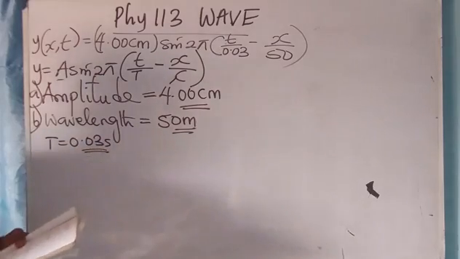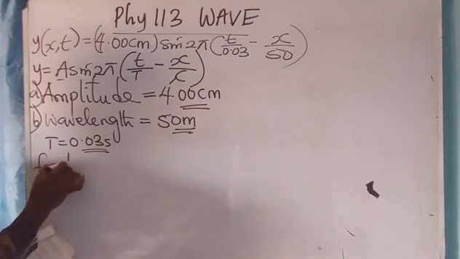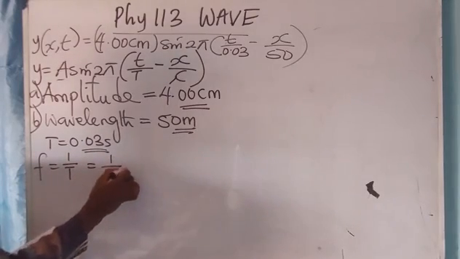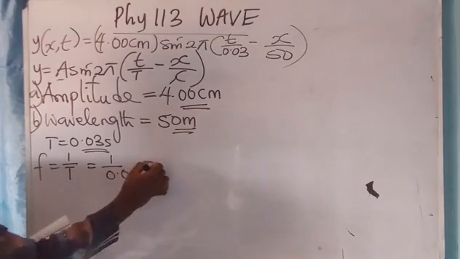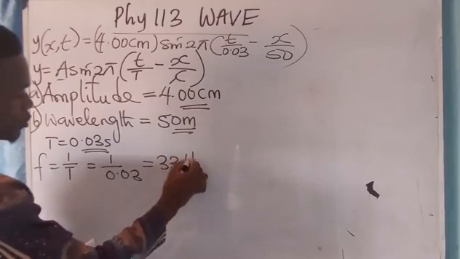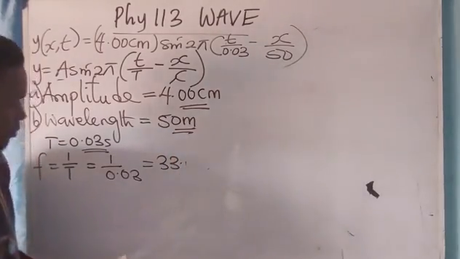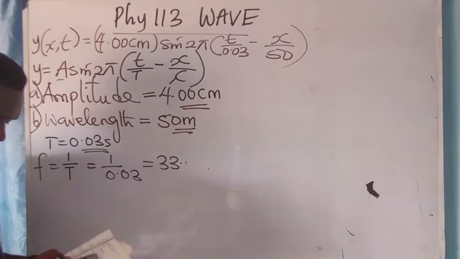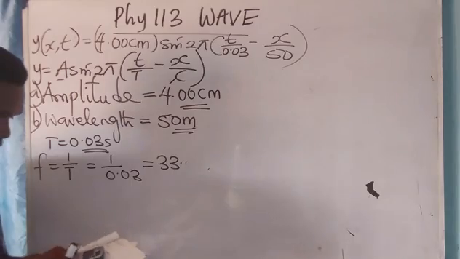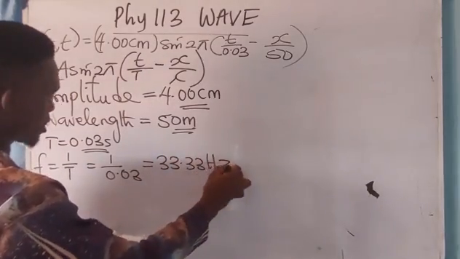Instead, we are calculating for the frequency, which is f. Now you know frequency is equal to 1 over T. It therefore means 1 over 0.03. Therefore frequency is, let me use the calculator, 1 divided by 0.03 equals 33.33 hertz. That is C.